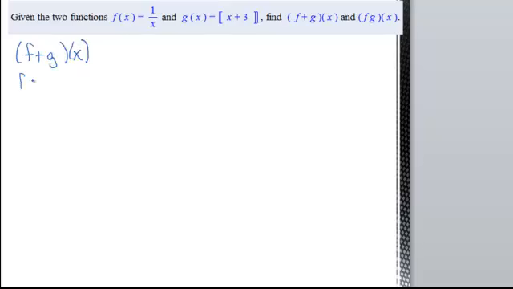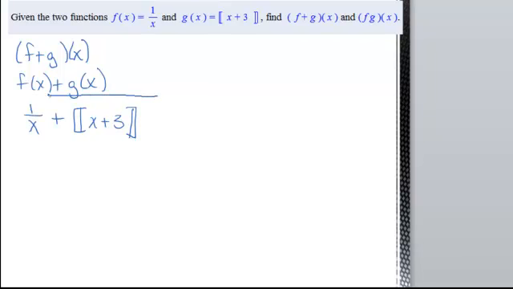That just means find f of x plus g of x. Well, f of x is 1 over x, and g of x is this greatest integer function. So this is the sum, f plus g of x. Okay, how about f times g of x?